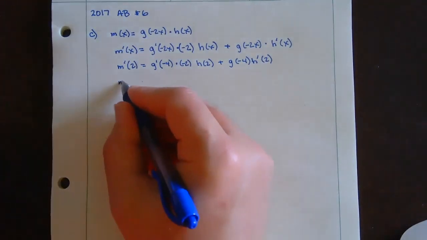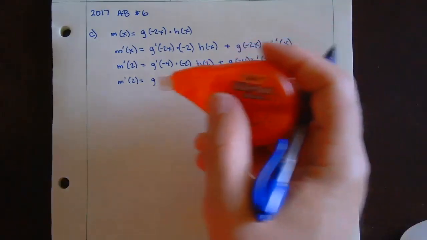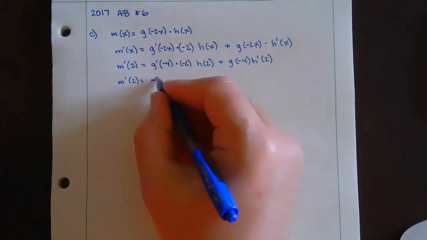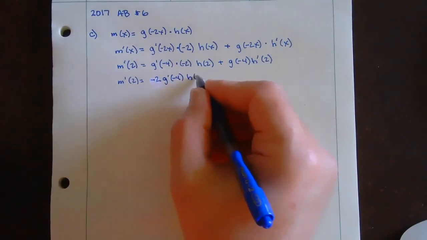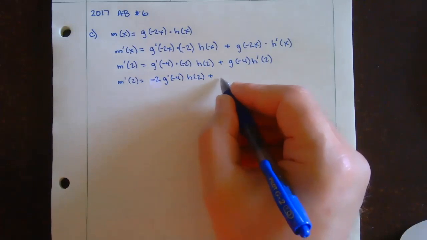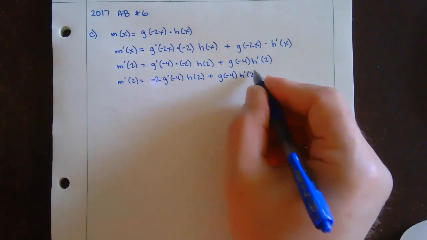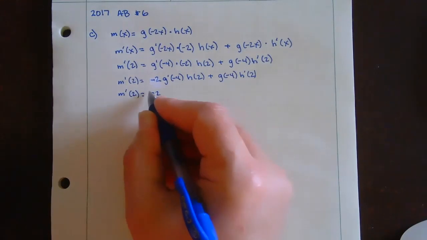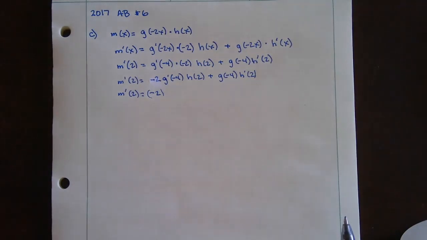Okay, so m prime of 2 would equal, let's write -2 first, -2 g prime of -4 times h of 2 plus g of -4 h prime of 2. So m prime of 2 would equal -2. And then what is g prime of -4? So g prime of -4, reading off the table, is -1.